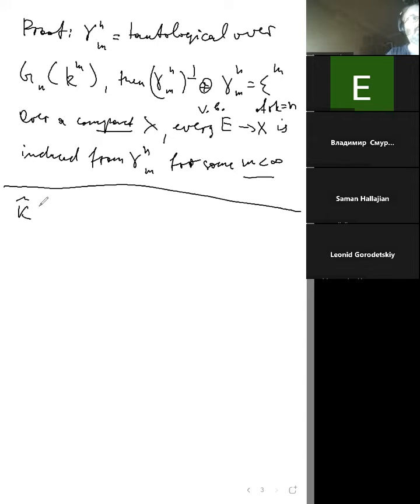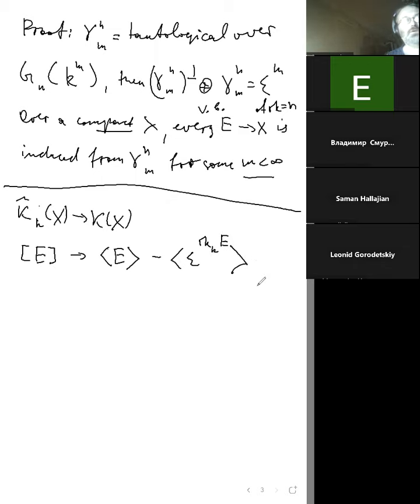So K tilde of X to K of X. Let me take the stable equivalence class of a bundle E, and take it to the bundle E minus epsilon to the rank of E.